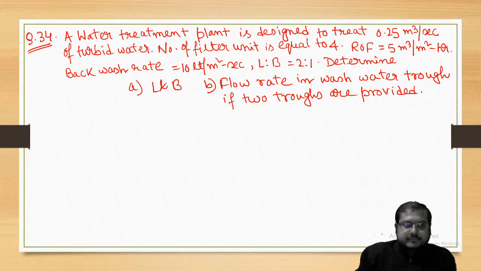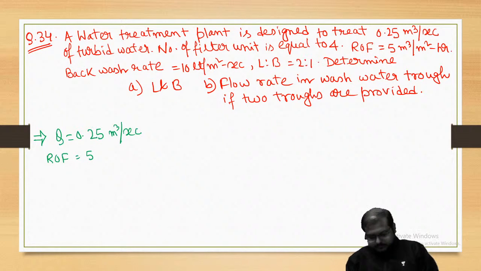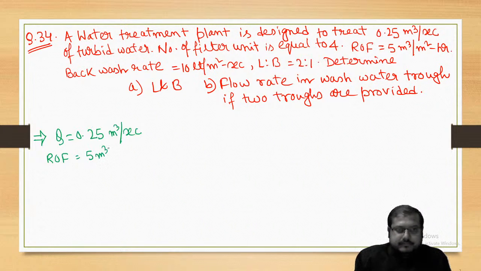Let's solve. So Q is given as 0.25 meter cube per second. Rate of filtration is 5 meter cube per meter square hour.